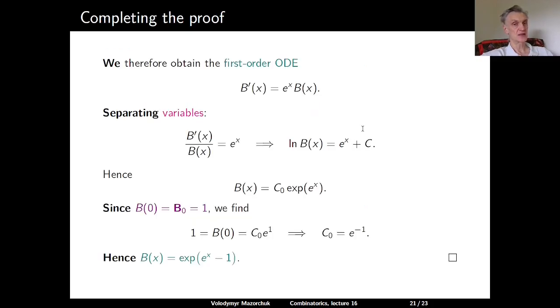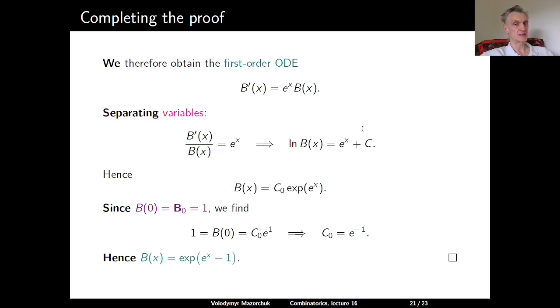So this means that our generating function satisfies the following first-order ordinary differential equation: B prime is equal to e to the power x times B(x). If we separate the variables, we get B prime divided by B is equal to e^x, which implies that the natural logarithm of B(x) is equal to e to the power x plus c.